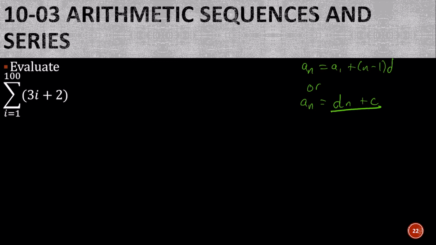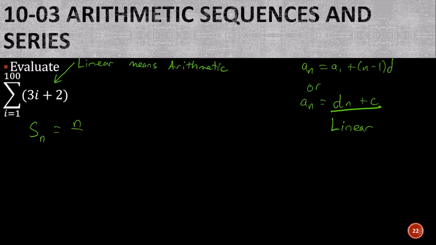If you look at this, that is linear. So if the formula here is linear, then it is arithmetic. So that means we don't have to plug in all the numbers 1 through 100. We could simply use our sum formula.